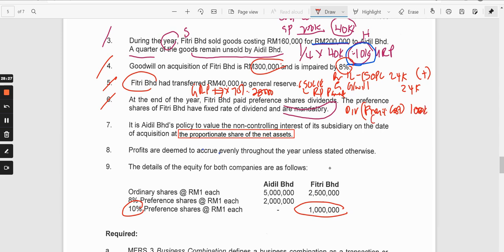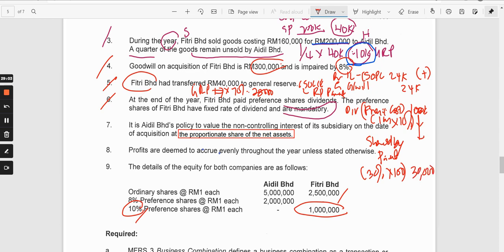Why 100,000? Because 1 million times 10%. So that was the dividend declared. However, part of this will be shared by the parent. The amount shared by the parent will be based on the percentage acquired in the preference shares. So 30%. 30% of 100,000 gives you 30,000.